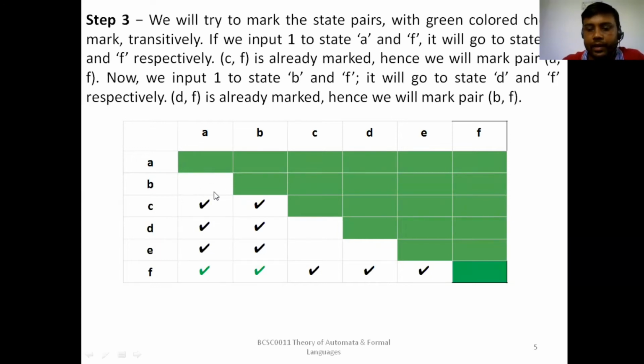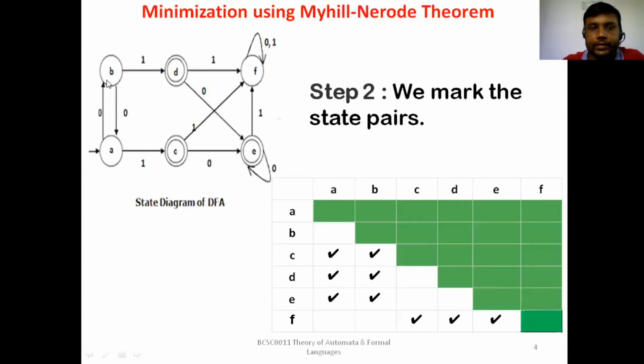If you look at this diagram, the zero transition for A goes to B and the zero transition for B goes to A. Therefore, the zero input for pair AB is the pair AB itself. Since the AB pair is not marked, we will not add any marking.